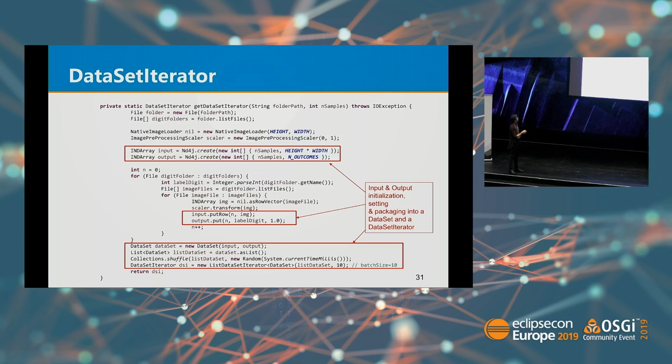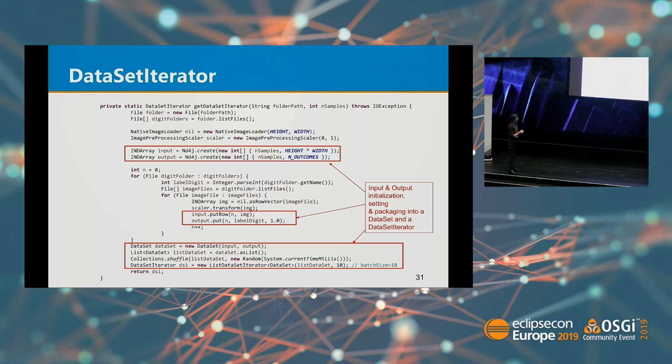And then we create two structures for the input and the output. You can see that we have the total number of samples in the rows, and here the columns for the input and the columns for the output.